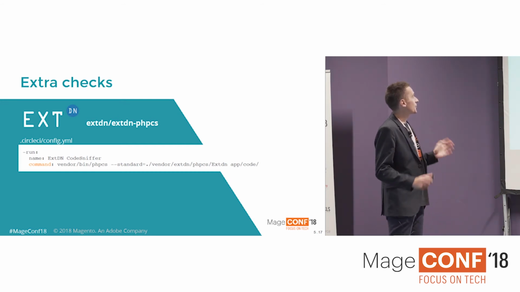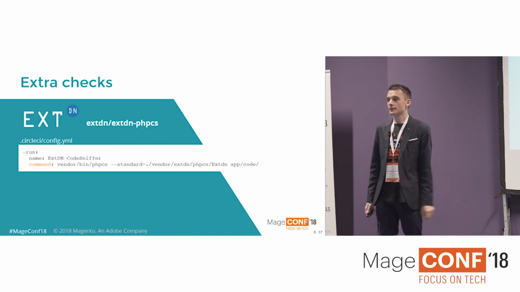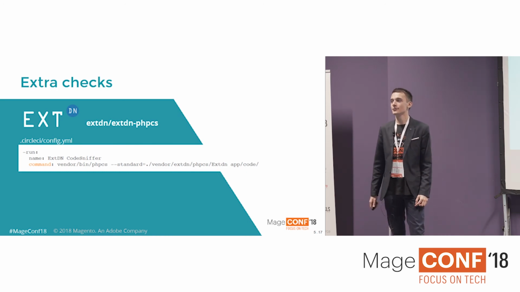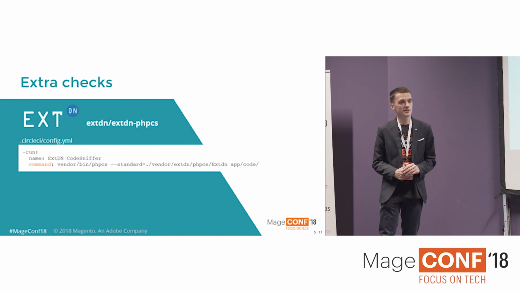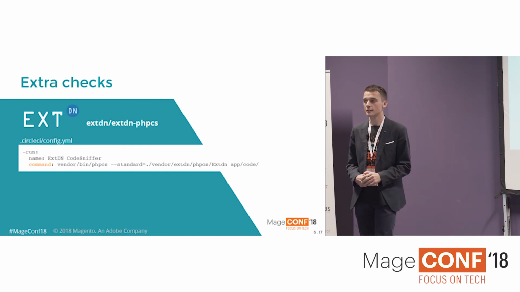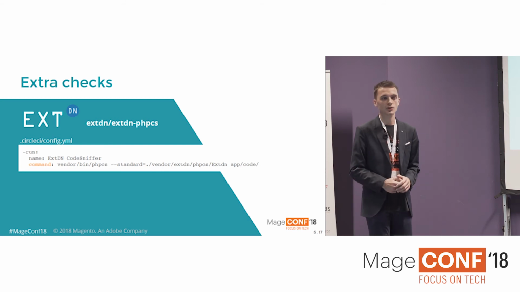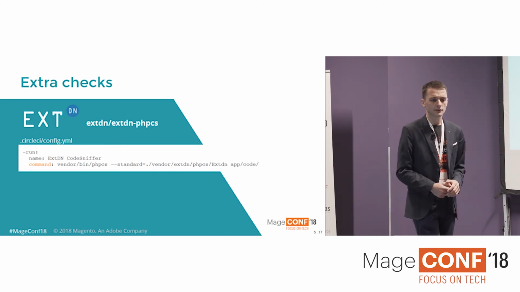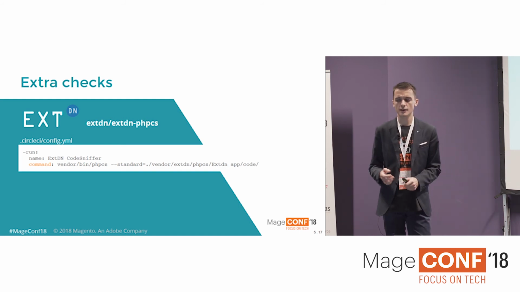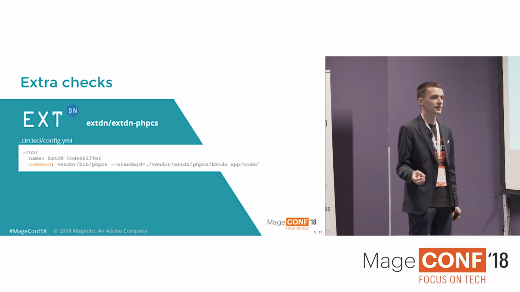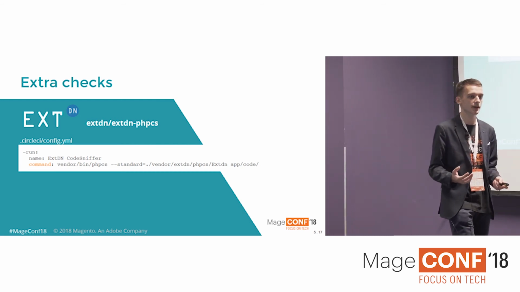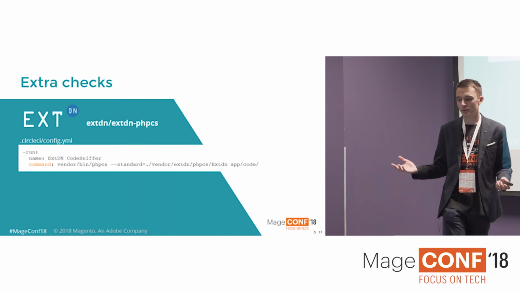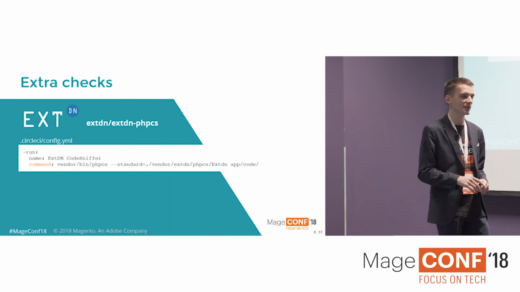And finally, there are some extra checks I really like, but I think that Igor is more familiar with them, because we have extra checks from Extension Developer Network, developed by the community recently, I think since last year. But this Extension Developer Network is an organization that collects together the developers of extensions, like, I don't remember the names, but I don't want to mislead someone.